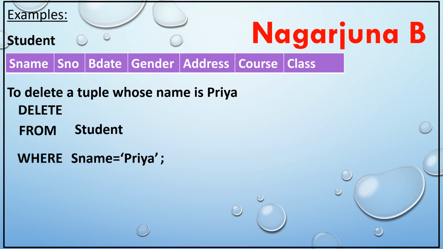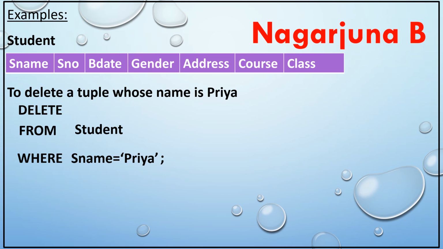If you miss writing the where clause, that means where sname equal to within a single quote Priya, then what happens? All the tuples which are present in this relation student will be deleted. The student relation will be empty. Therefore, be careful before executing the delete command.